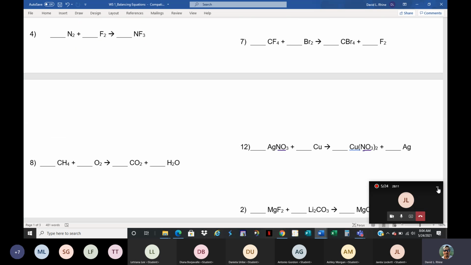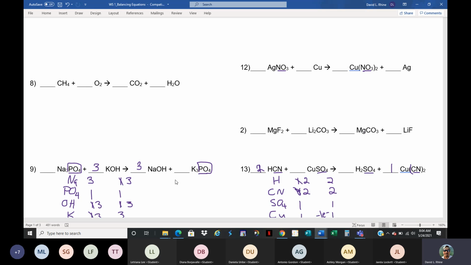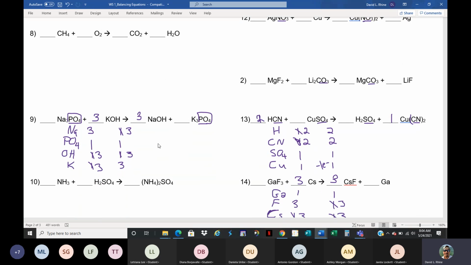And here, nitrate just changed partners from silver to copper. And then the next one here, carbonate goes through unchanged. It just switched partners from lithium to magnesium.